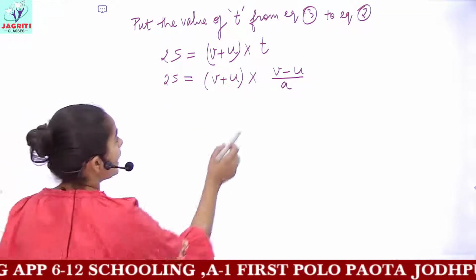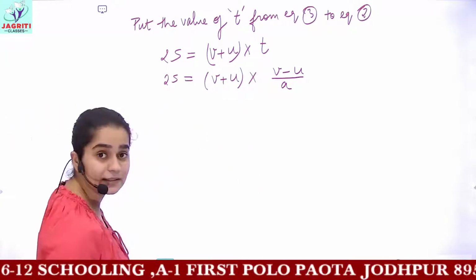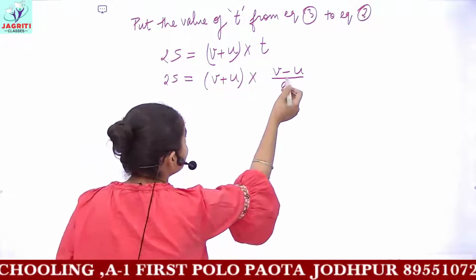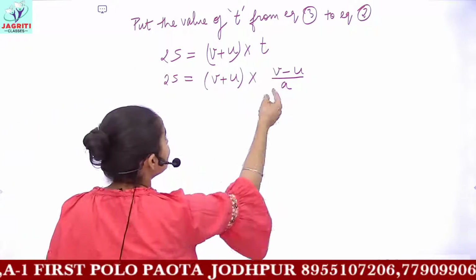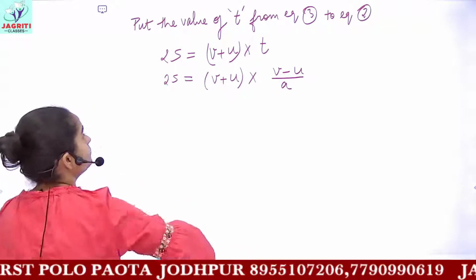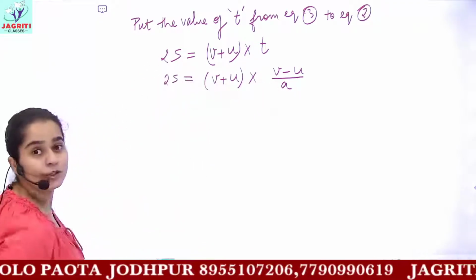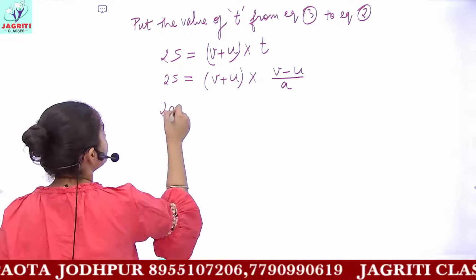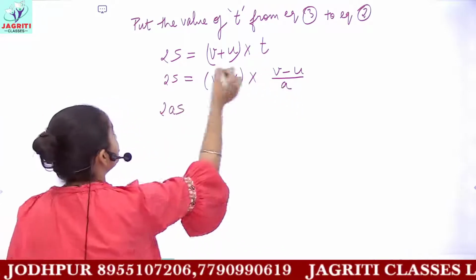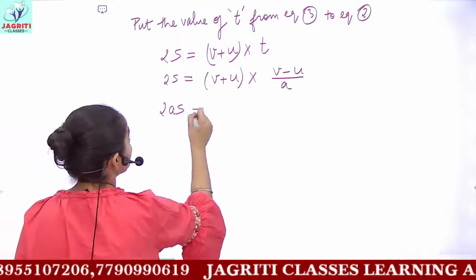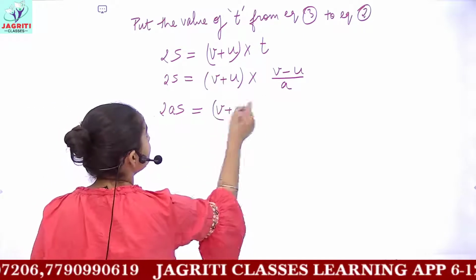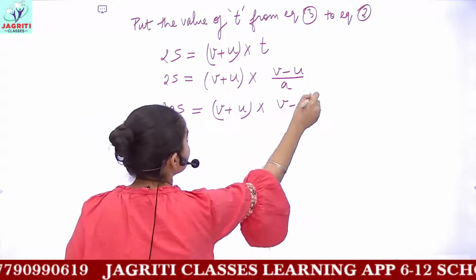Now because you have the term a in the denominator, you can shift this a to the left hand side, where it gets multiplied by 2s. Then I would get 2as equals v plus u multiplied by v minus u.